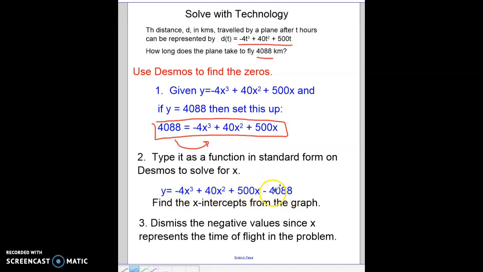If you type this into Desmos, look for the x-intercepts on your Desmos graph and dismiss any of the negative values for x-intercepts because we can't have a negative time. You will find that the answer will be there in positive form. And there you have it. Check it out. Use Desmos or technology to check your work.